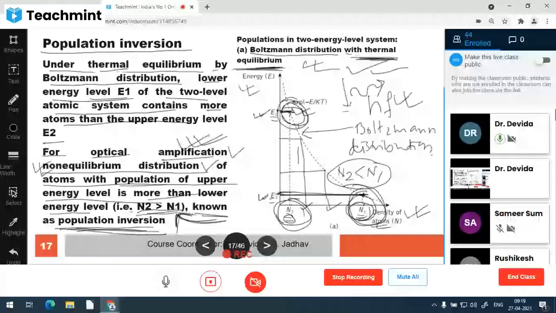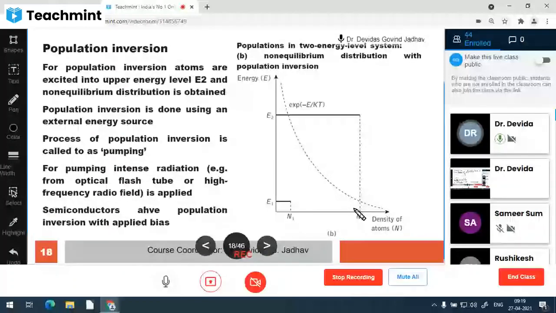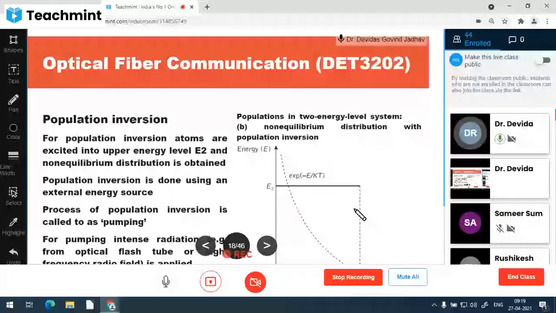This can be seen in this particular figure. Population inversion in two energy state levels, and this figure shows non-equilibrium distribution with population inversion.